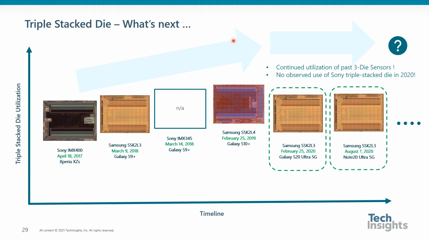We do believe that with the advent of increased demand on image processing and in terms of AI algorithms and smart sensors, one would expect that there should be and probably will be recent releases of triple stack die for imagers.